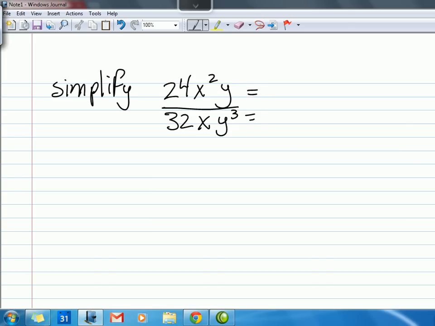Once you break it up into its factors, it's so much easier to do. You might want to take the greatest common factor between the two. I would take 8 times 3 in the top and 8 times 4 in the bottom. The reason why is that's the greatest common factor.